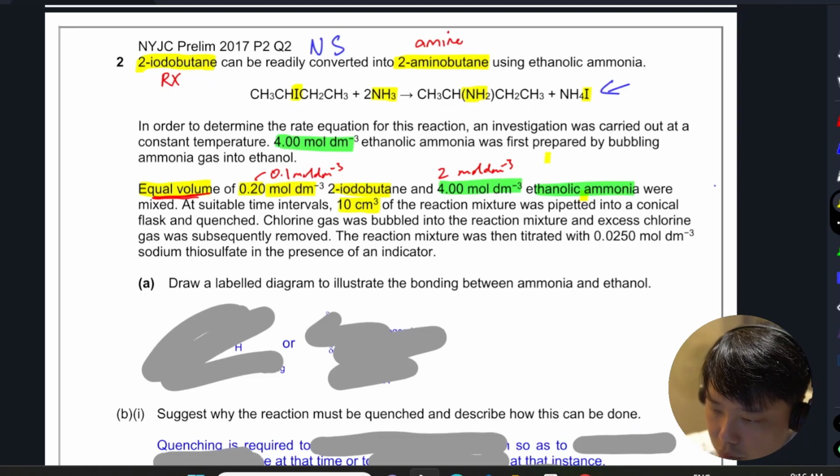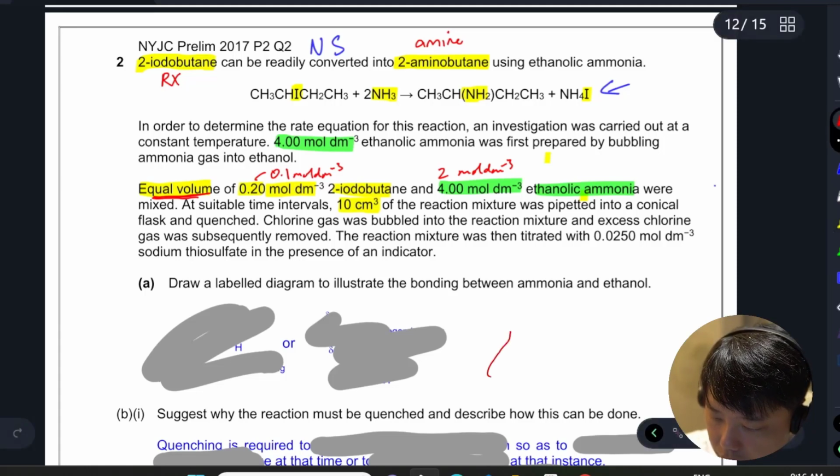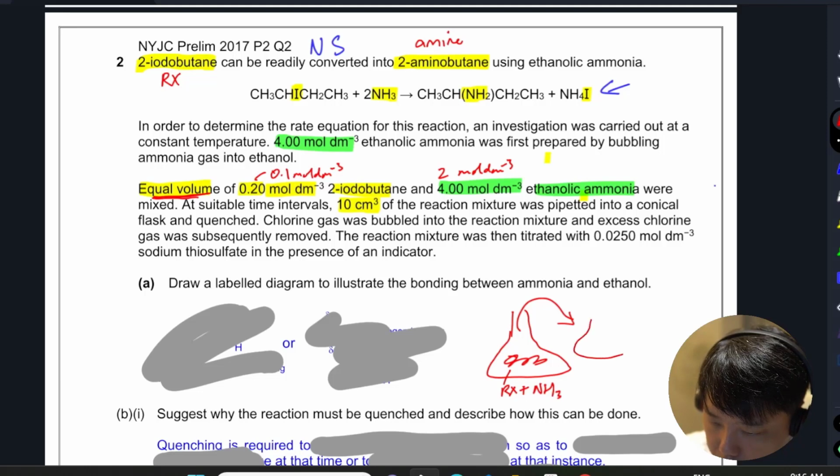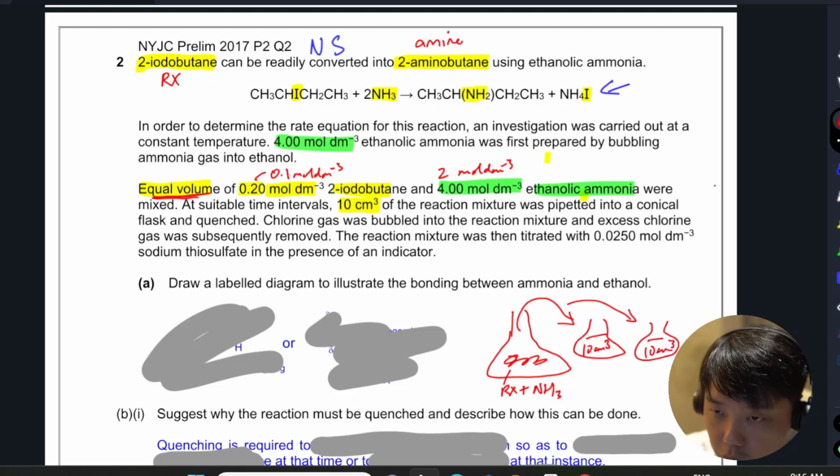So you mix them together, you have the RX plus the ammonia, so they will mix together and 10 cm cube was pipetted out at various time intervals, 10 cm cube, and so on and so forth.